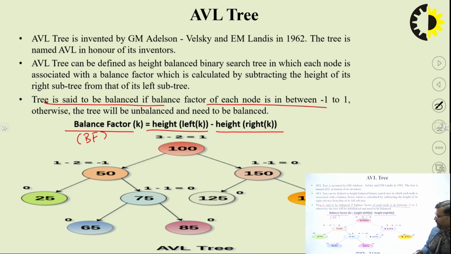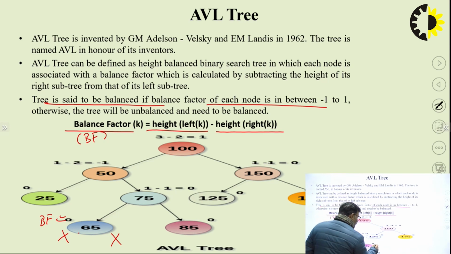So first of all, this is the AVL tree, and here if we take the node 65, it has no left subtree and no right subtree, which means its balance factor is 0. Same here, balance factor 0.